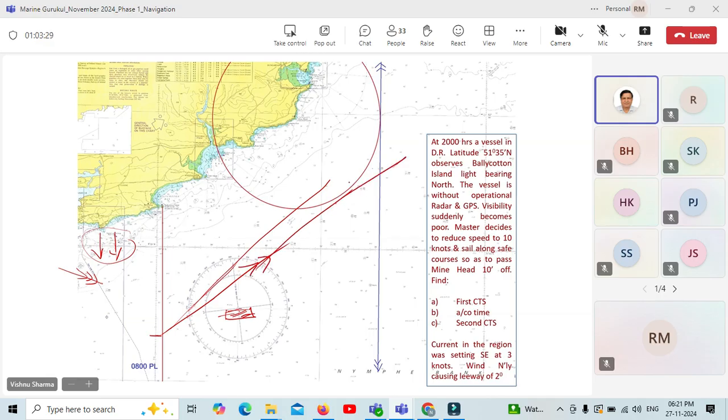Why? I'm not talking of tangent. It need not be tangent. But it will be foolhardy to go like this, because if my engines fail or something, the wind and current can create trouble for me. Am I right? Yes or no? Correct?